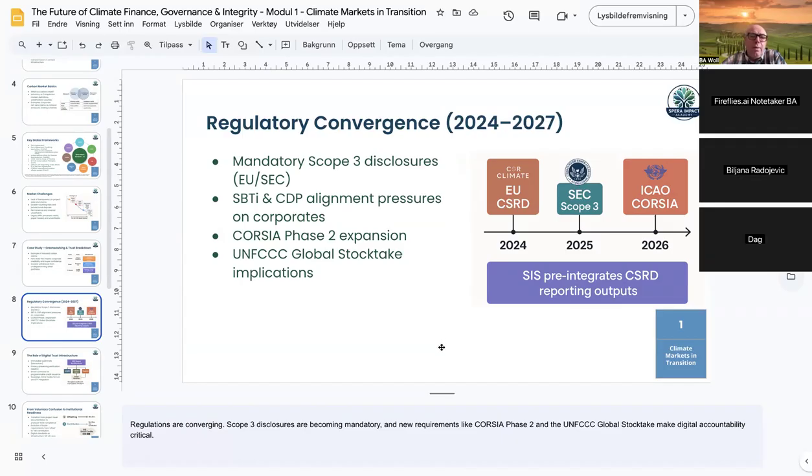The SBTi and the CDP alignment put pressure on companies regarding what they can be allowed to remove by credits. I think they are actually a bit too hard, because what they suggest is that very, very few percentages of the total emissions will be allowed to be compensated with credits.